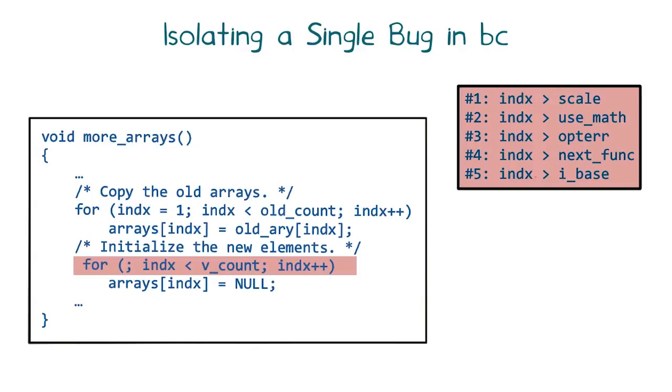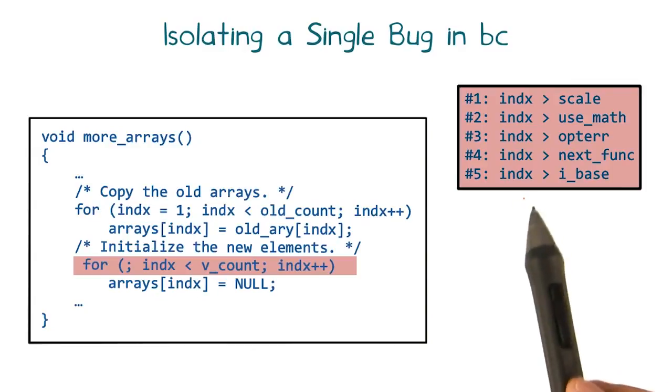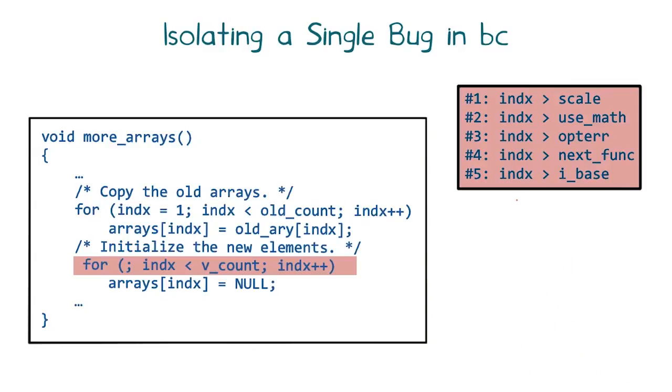Looking at this report, one can infer that the most likely explanation is that when this variable grows very large, it exceeds the bound of the buffer named arrays. This in turn results in nulls being written to unintended memory locations and crashing the program non-deterministically.